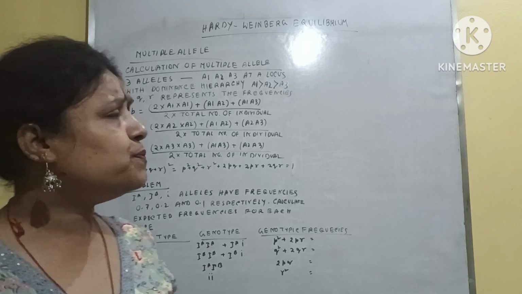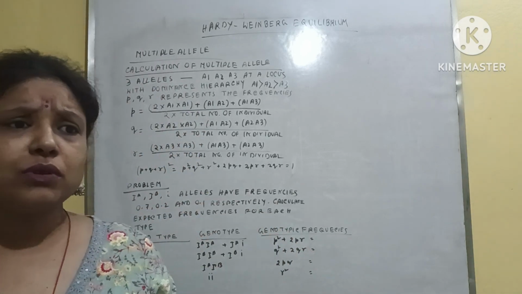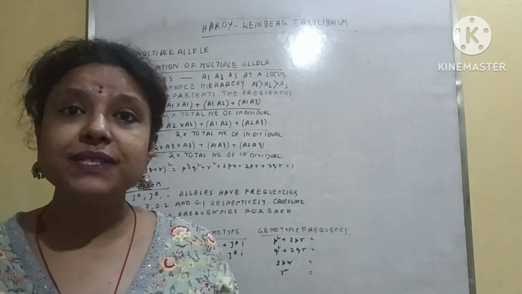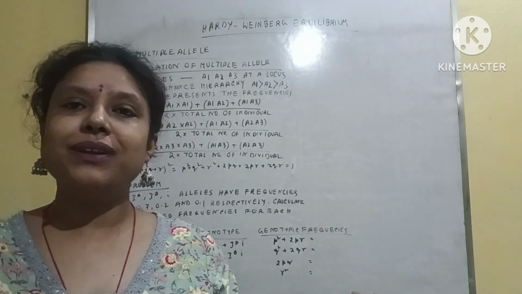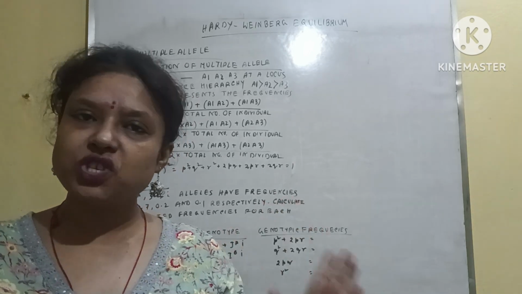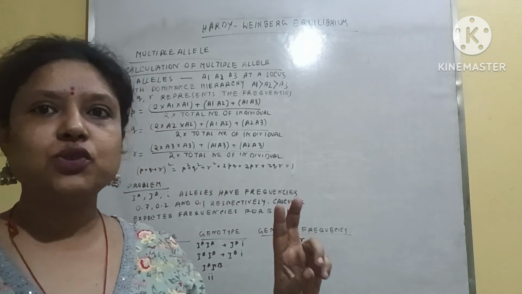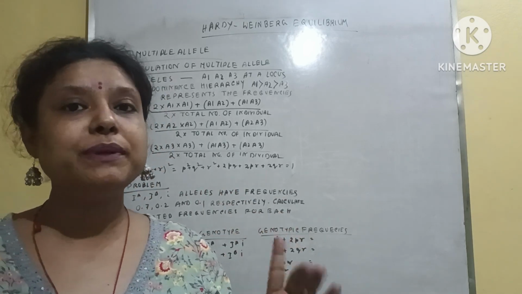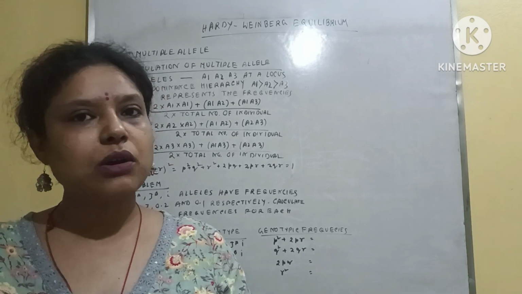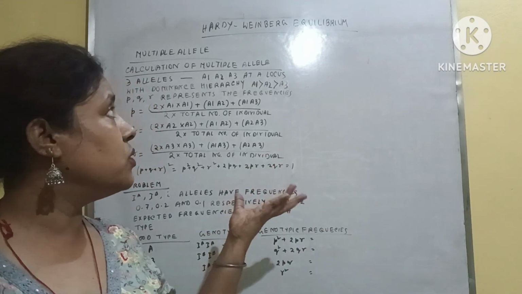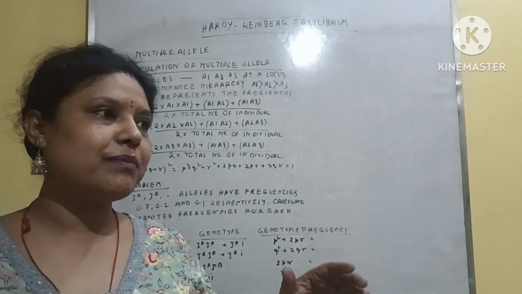How the frequency calculation is done, I have explained properly in my previous video, so you just check it out, and here I will explain about the multiple alleles, and how the frequencies in Hardy-Weinberg equilibrium related problem sums can be calculated.